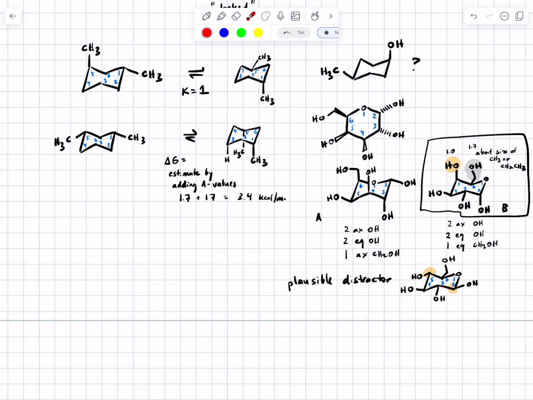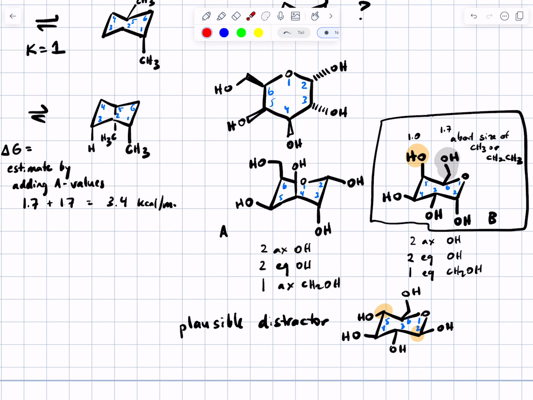Now, some of these issues that we're getting to, where you're seeing molecules that have the same basic connectivity but are not the same because of where groups are placed and whether they're up versus down, this is also an issue of stereoisomerism. Stereoisomers are molecules with the same connectivity but different shapes.